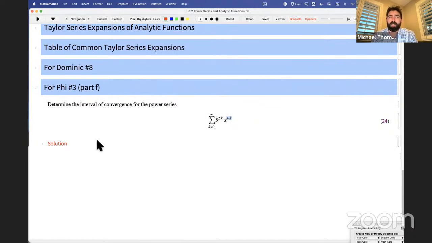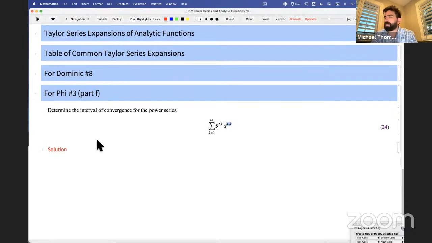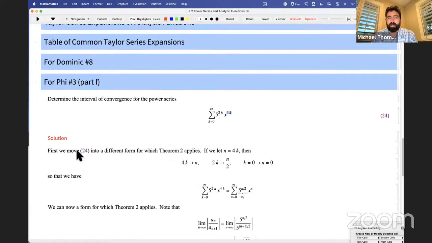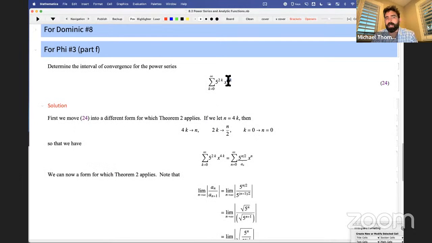Okay, so we're going to use what we know about changing indices to do that. All right, so I want this to be, let's switch this to an n. So I'm going to let n equal 4k. Is that okay? If I let n equal 4k, then that means 4k equals n, 2k equals n over 2, and k equals 0 goes to n equals 0.